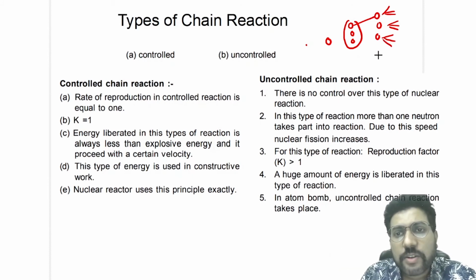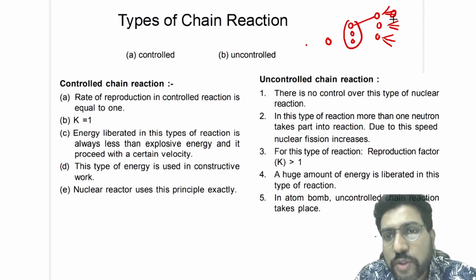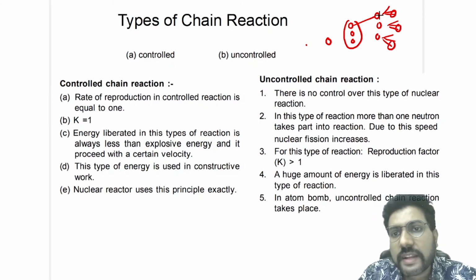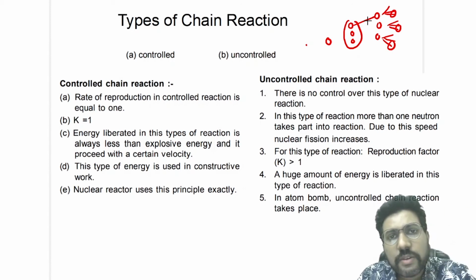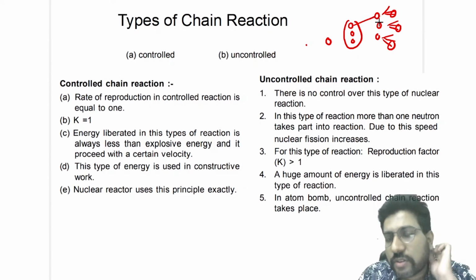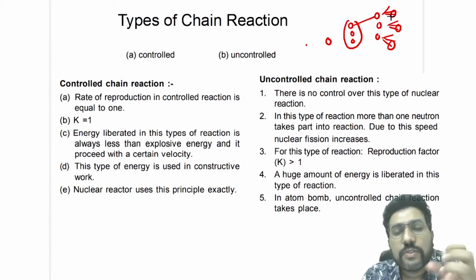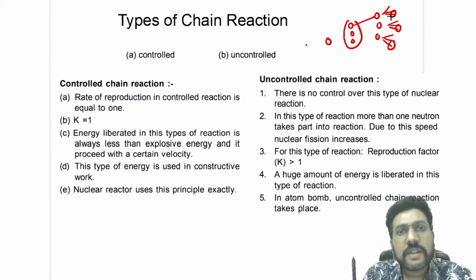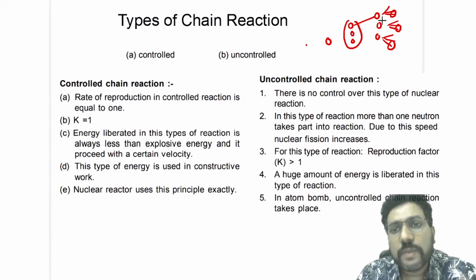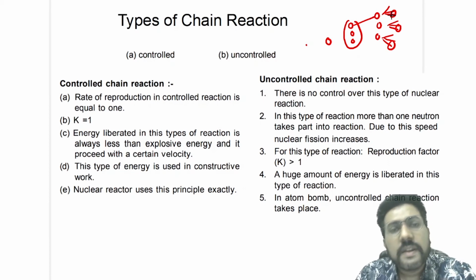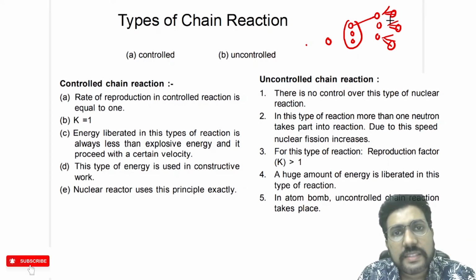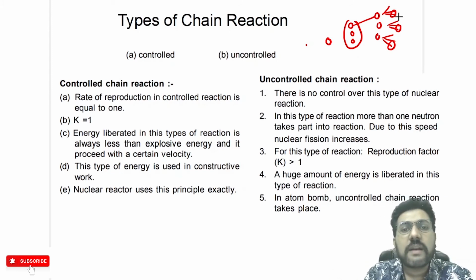To make it controlled, you have to absorb these neutrons so that with 3 uranium nuclei, you get only 3 neutrons. For that, you have to use neutron absorbers. But if you do not use neutron absorbers, or something which can stop these neutrons from striking the uranium nucleus, the reaction will become uncontrolled.